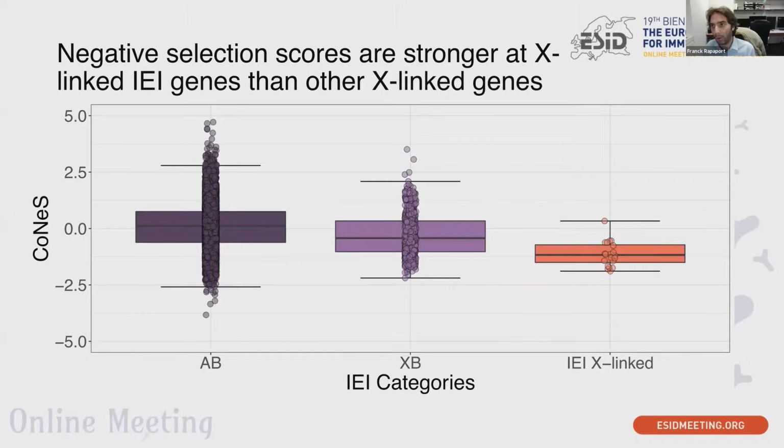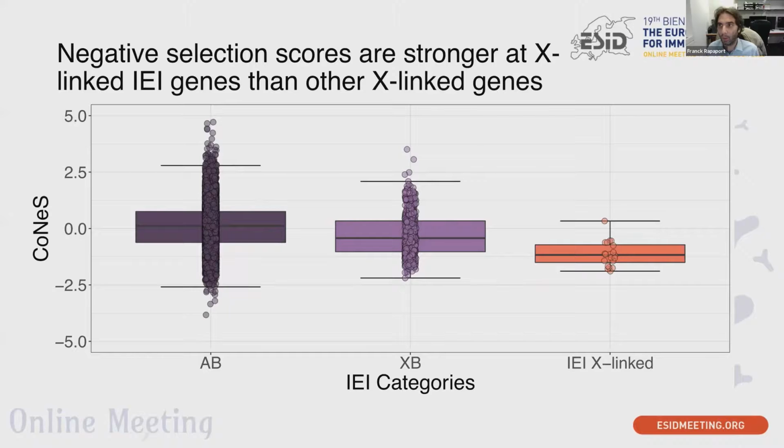If we look at what happened on chromosome X, chromosome X is itself under more selection than the autosomes, and that's fairly logical, since half of humanity only carries one copy of this chromosome, so any deleterious mutation on this chromosome is going to get purged out of the population faster.